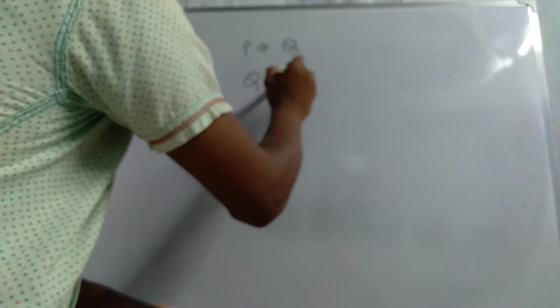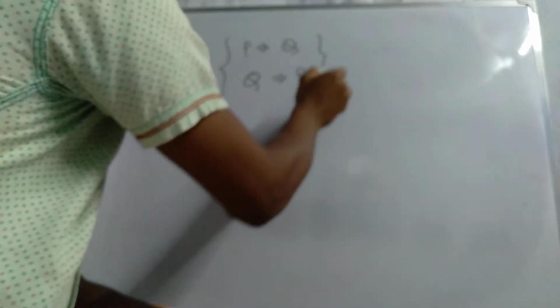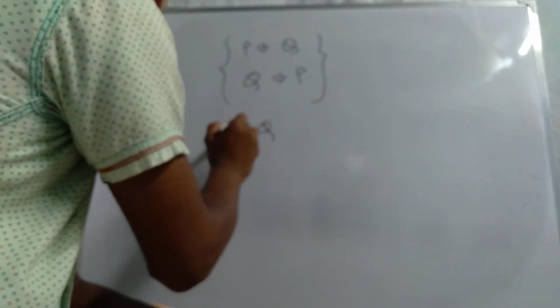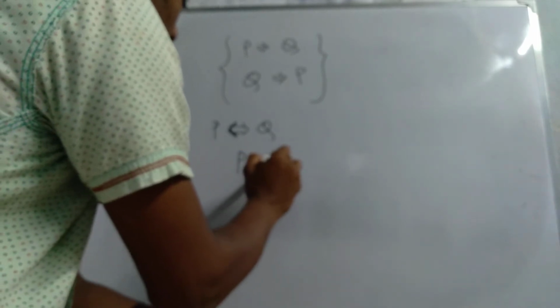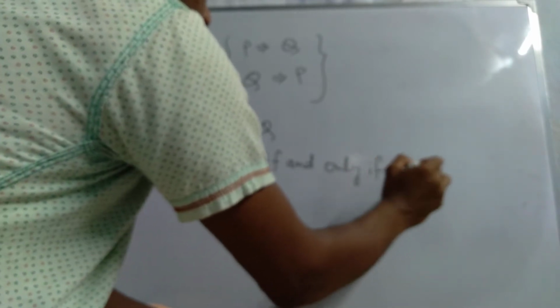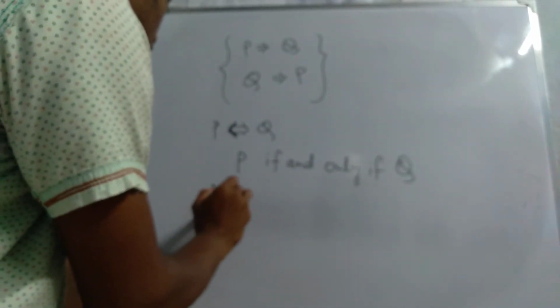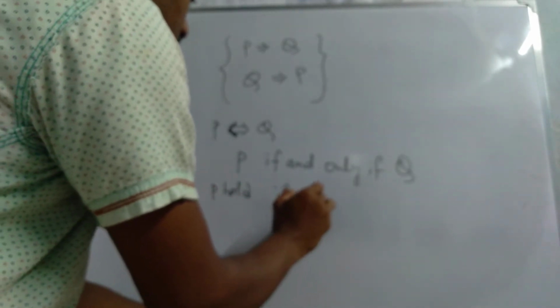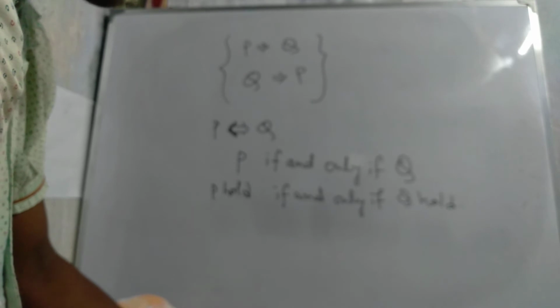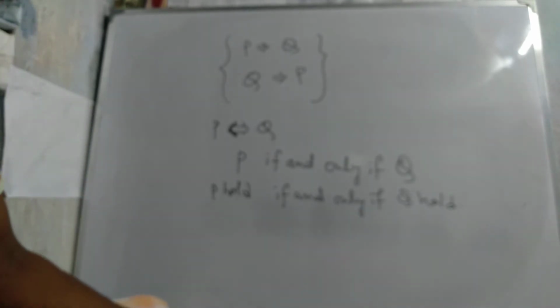Also, we know a statement P implies Q and the converse is Q implies P. If both hold, then we know P implies Q and Q implies P. This implies P if and only if Q. That means P holds if and only if Q holds. We see it in an example also.